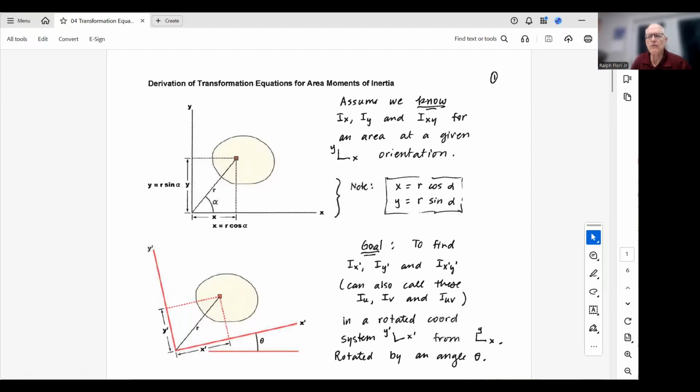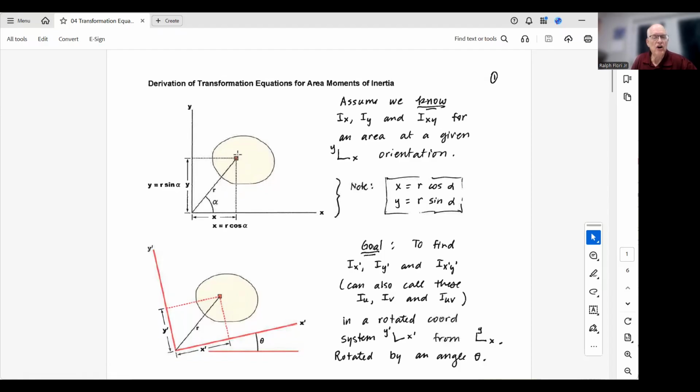So this is the problem. We have an area in an XY coordinate system. There's a dA here. We're going to assume that we know Ix, Iy, and product of inertia Ixy for this area in this coordinate system.